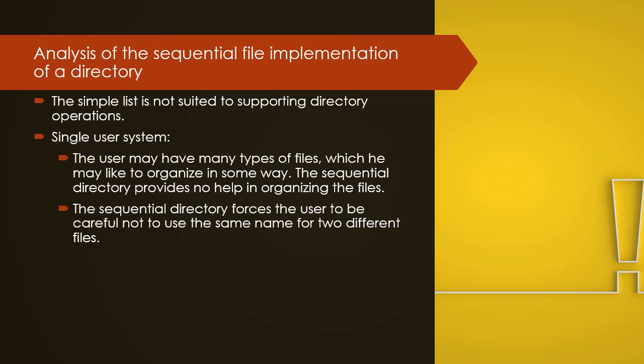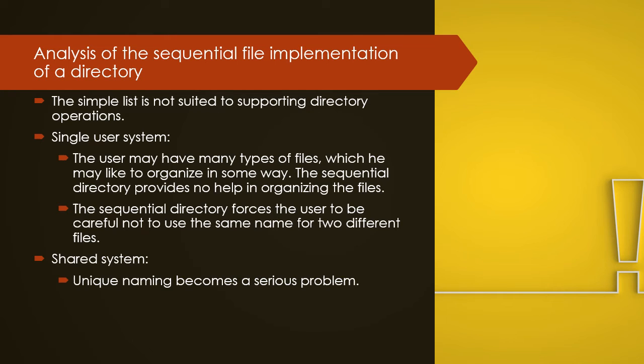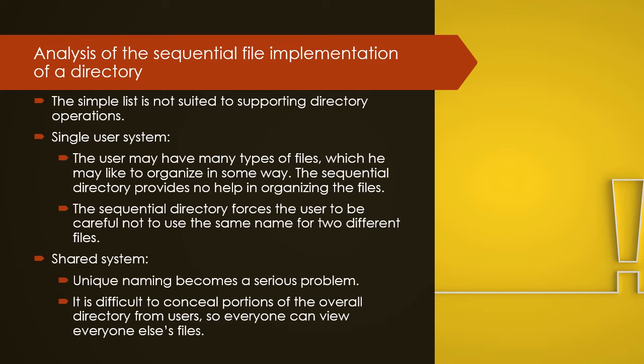The sequential directory forces the user to be careful not to use the same name for two different files. In a shared system, unique naming becomes a serious problem. It is difficult to conceal portions of the overall directory from users, so everyone can view everyone else's files.